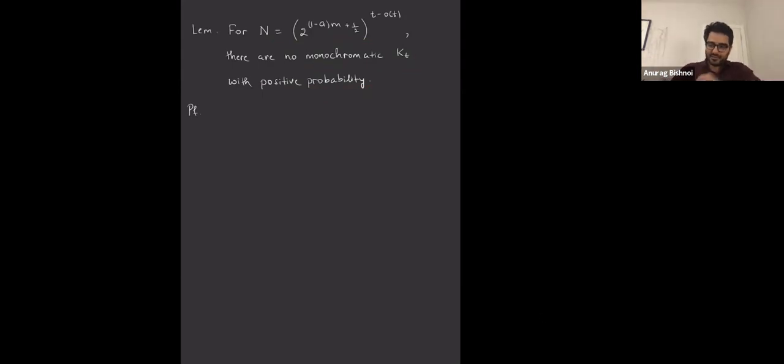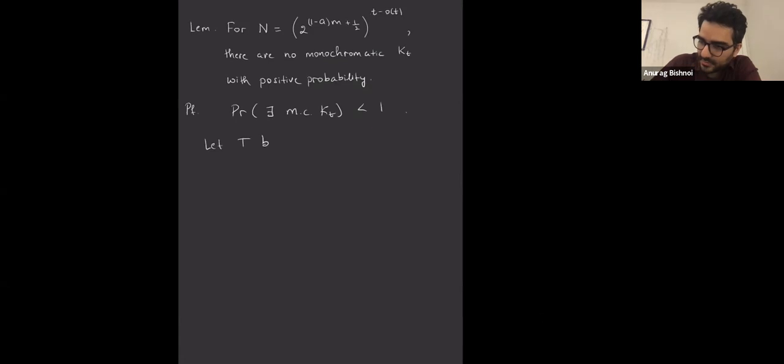Okay, and how do we show that? What we want to show is that the probability that there exists a monochromatic KT is less than 1. If we can bound this thing as less than 1, then the probability that there is no monochromatic KT is positive.